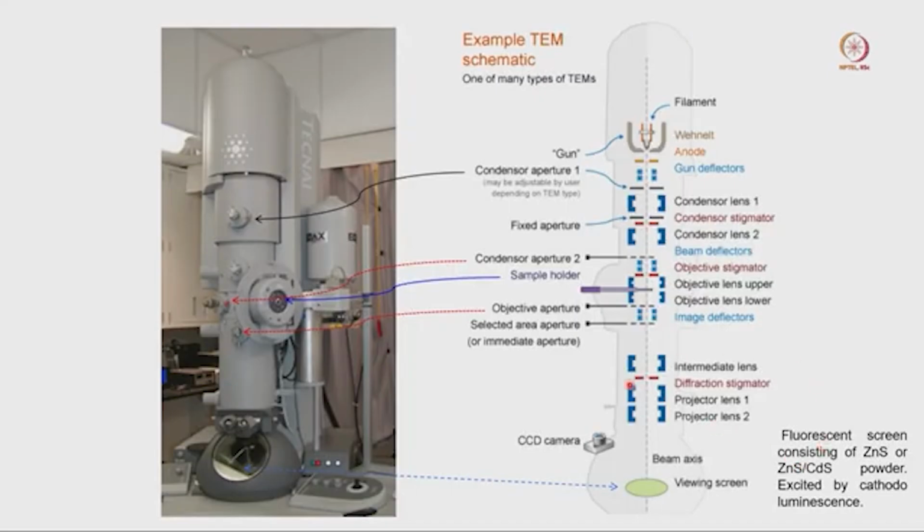One important part is the fluorescent screen, which is mainly made of zinc sulfide and cadmium sulfide powder. When the electron beam interacts here, it will give us a green light, and we can see the sample, the 2D projection of a 3D object, on this screen.